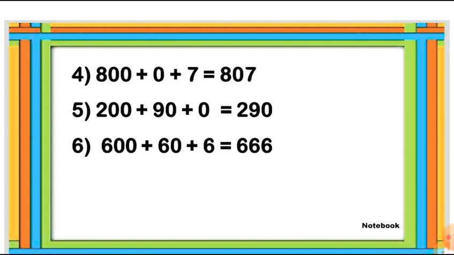Now the next question, 600 plus 60 plus 6. How to write? From 600 we write the hundreds place digit, that is 6. Then the tens place digit is again 6 and the ones place digit is also 6. So 666 is the short form of this expanded number. Got it, children?